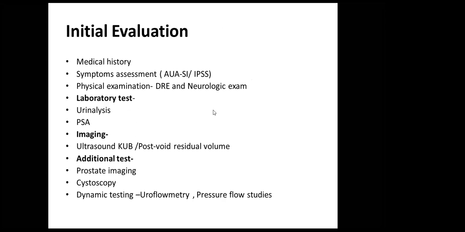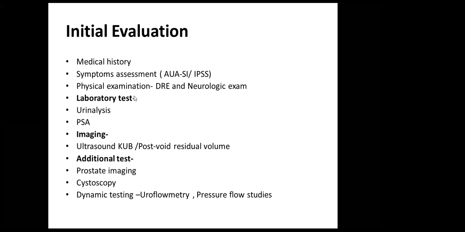On physical examination, apart from evaluation of the abdomen, pelvis, and perineum, rectal examination should also be done, as well as a neurologic examination. And in medical history itself, one should assess the symptoms as per the American Urological Association symptom index or international prostatic symptom score, which I'll talk about on the upcoming slides.